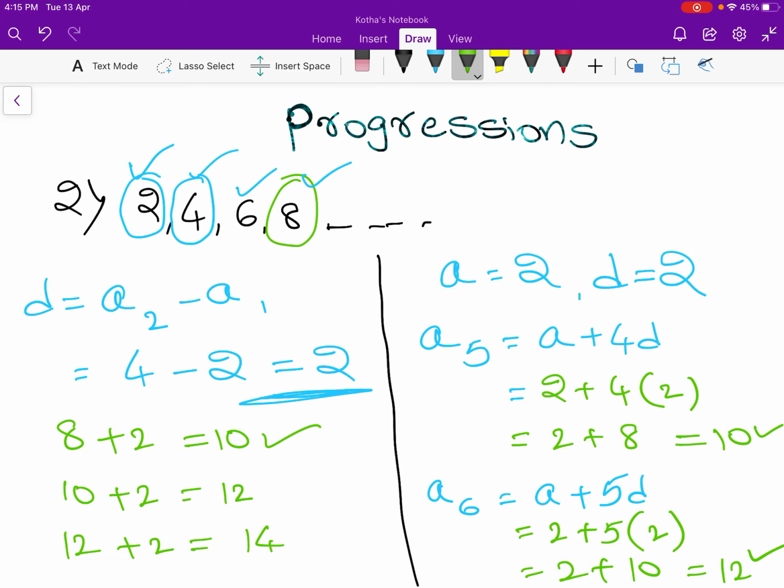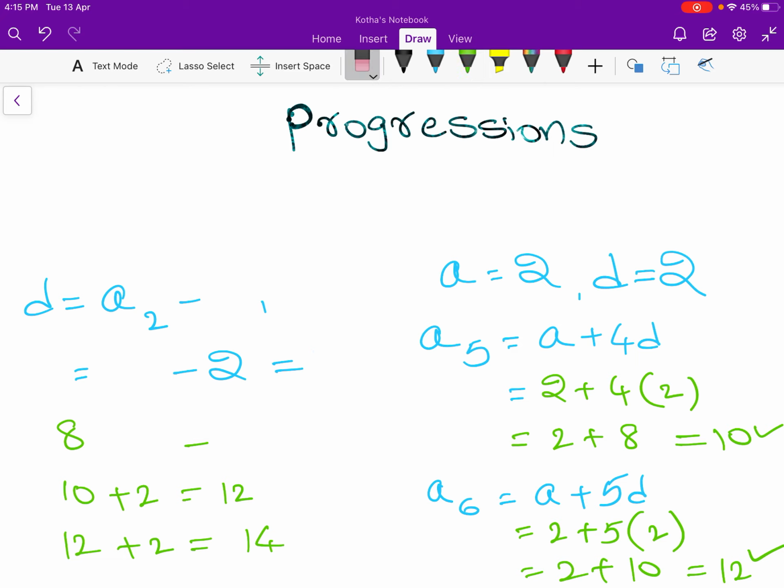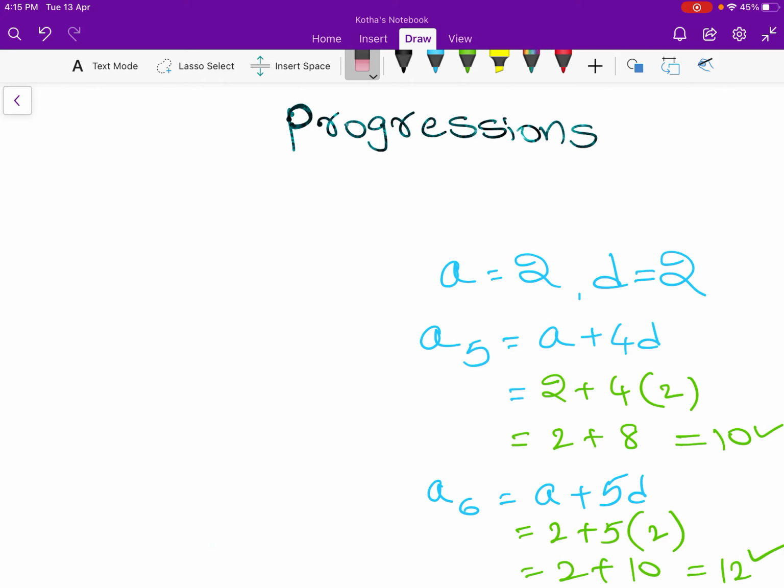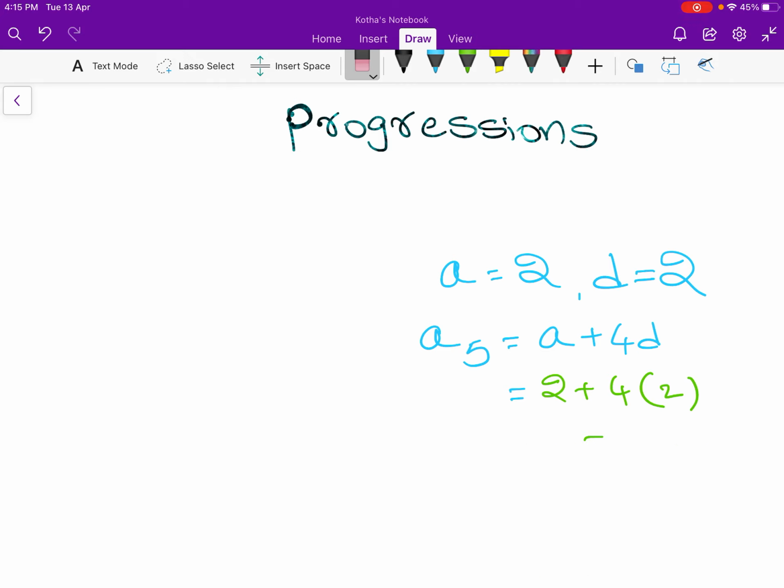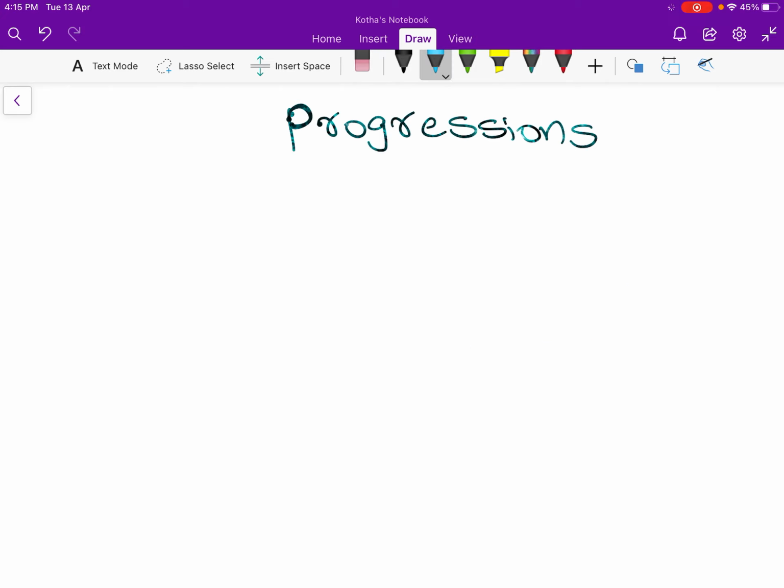And the next type of question which they will ask is, they will give one progression and so on, and from this they will ask you to write the 20th term.